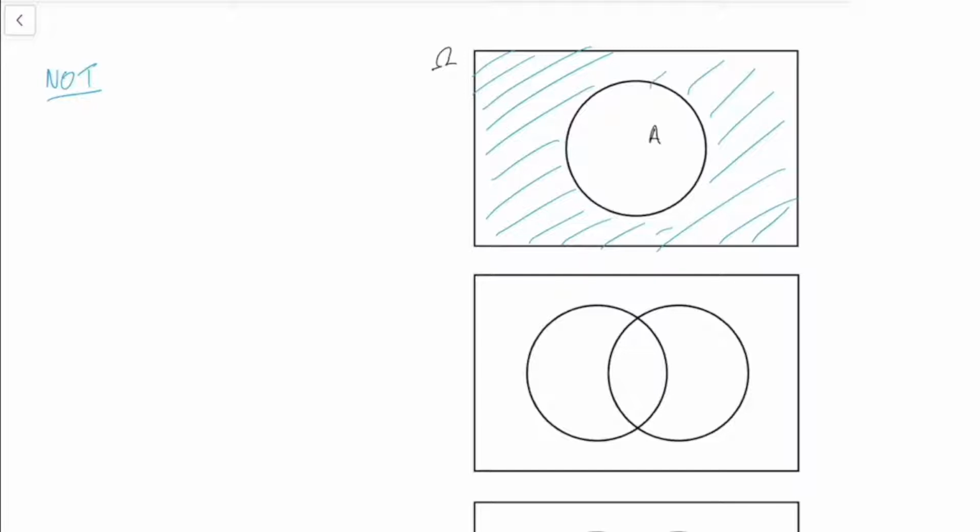This area here, the part of the sample space that isn't in A, which is not A, and the letter we use for that is A with a little c at the top, and we call it a complement.